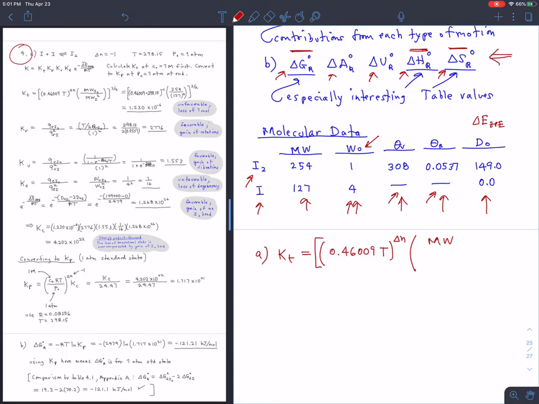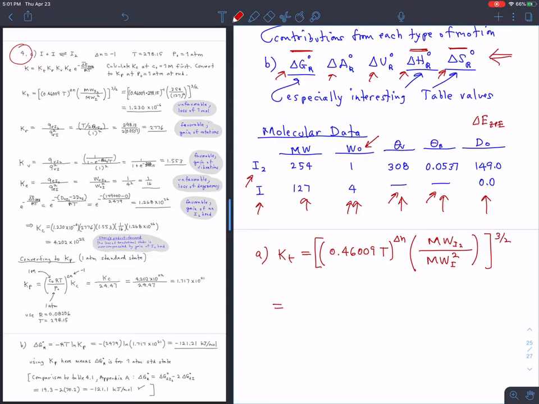So molecular weight for I2 over molecular weight for I, but there's 2 of those, so squared, and then all of that to the 3/2 power.